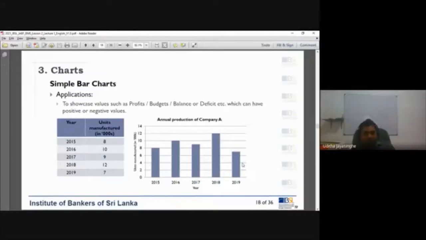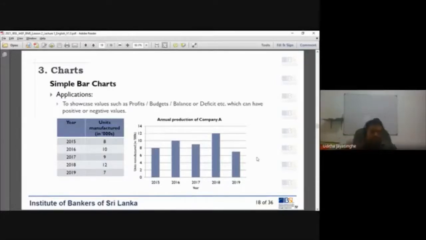The next extension of bar charts, which I don't really want to spend time on, is a line chart. A line chart would be nothing but putting, instead of a bar, a small dot or a cross and joining these by a line.